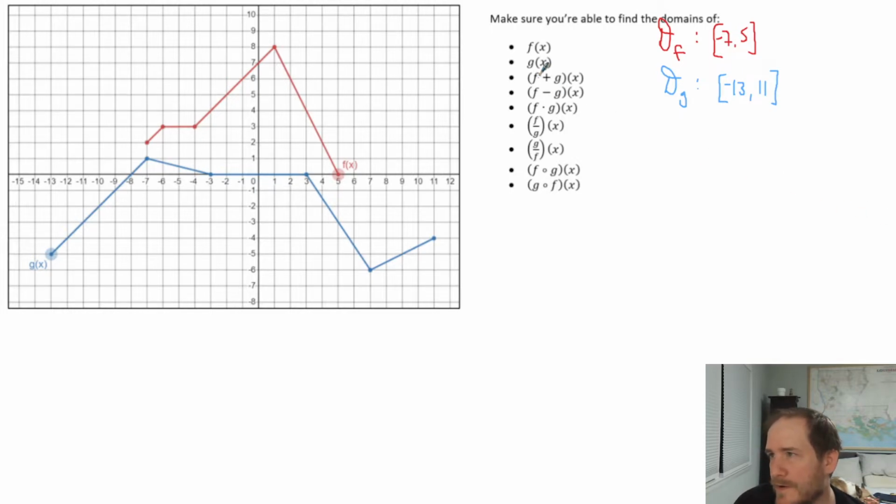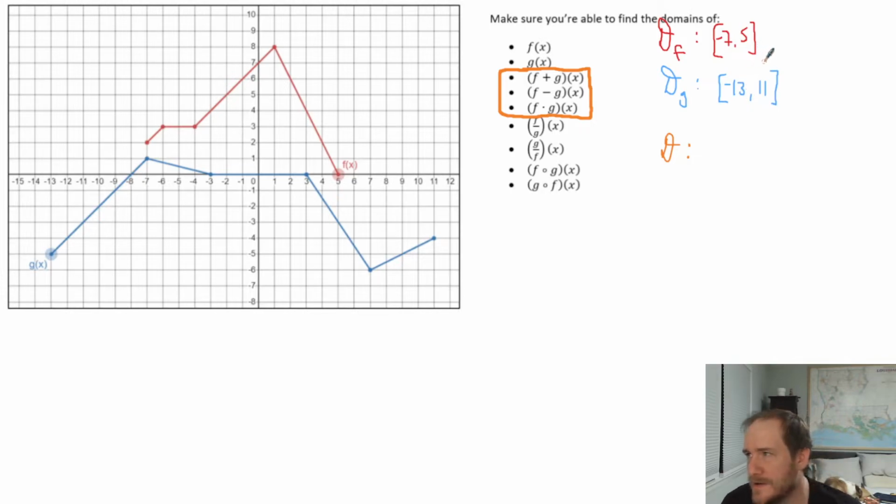Again, we're going to just lump all 3 of these guys together because we know that all 3 of these basic operations all have the same domain, and that domain is just the intersection of the 2 previous domains. So these orange guys will all have a domain of, we can see that function g fully contains function f, so that means the intersection will just be the domain of f, which is -7 to 5.